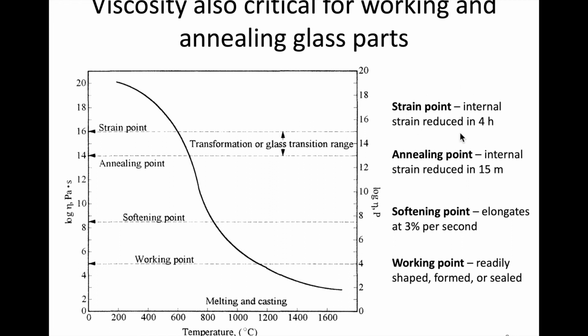And then if we go up in viscosity, we see that the internal strain can be reduced, but it now takes 4 hours. So basically, this viscosity curve shows us the effects on workability, but also on annealing, because annealing is important. One of the things I want you to think about for this experiment is the interplay between all of these different materials that we're working with.